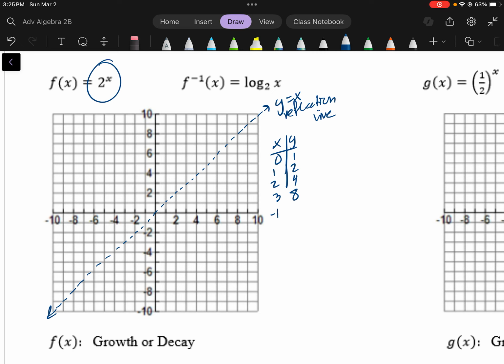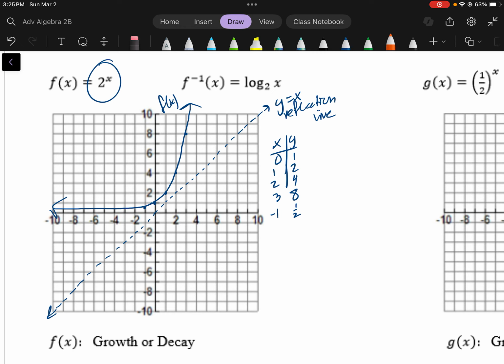And if I plug in -1, it would be 1/2. And so we can get the exponential curve just like we did the other day. That looks something like this: (2, 4), (3, 8). The curve is flat, close to the x-axis, and then it curves up and grows exponentially. And this would be f of x right there.